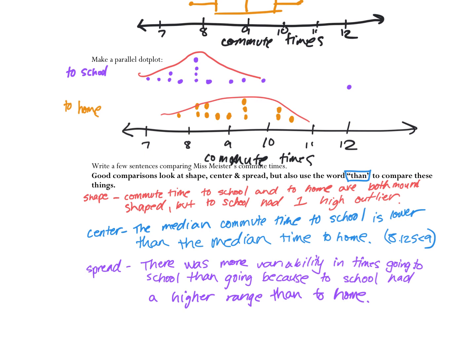Saying the two numbers is not the same thing as making that conclusion that one was smaller than the other. The big idea is it takes me less time to get to school. If you're not strictly saying that less time, that "than" word, then you're not actually making a comparison. You're just stating two facts about each thing instead of directly comparing them to each other. And that's how the College Board reads it.